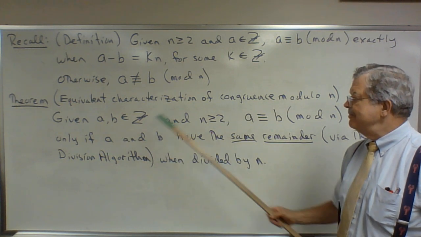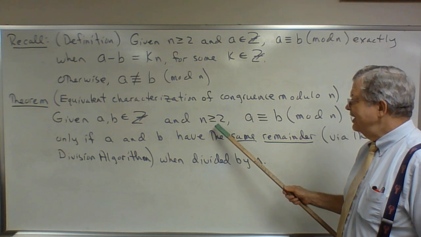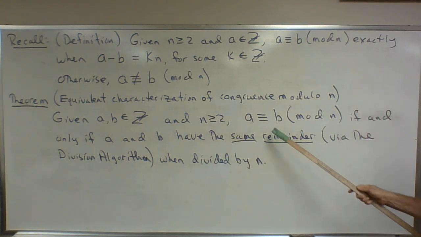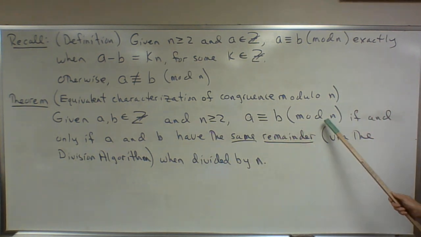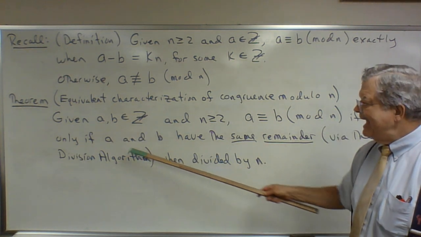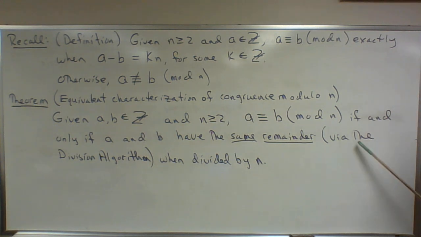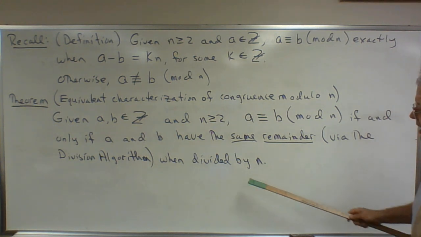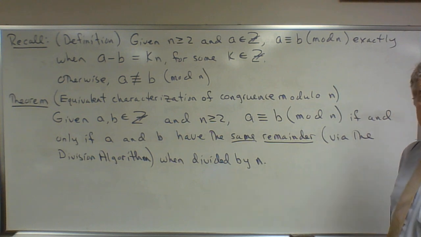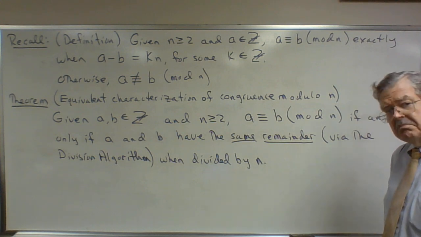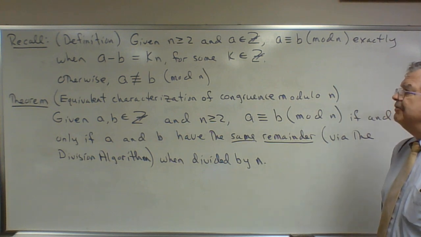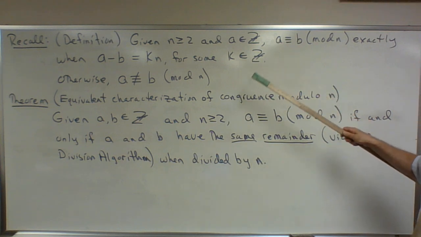Given integers a and b, and n greater than or equal to 2, a is congruent to b mod n if and only if a and b have the same remainder using the division algorithm when divided by n. Okay, so let's compare this and this.